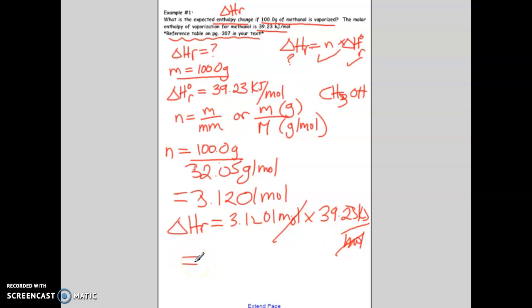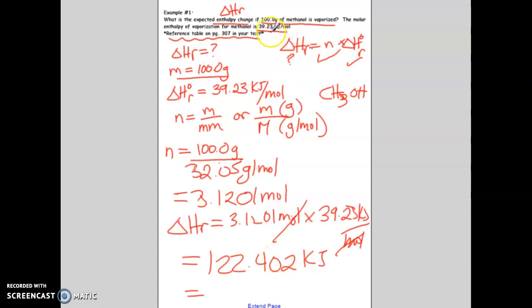So we should get a value here of 122.402 kilojoules approximately.